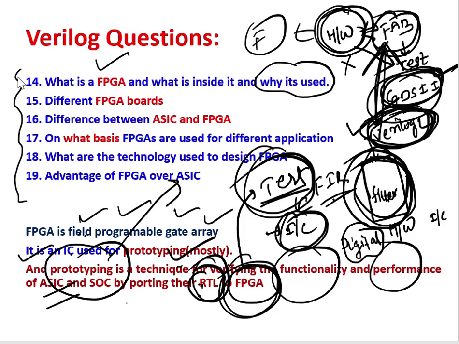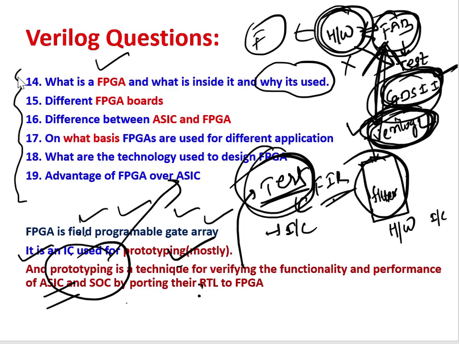Basically, prototyping is nothing but verifying the functionality of your design before the real hardware comes from the fab. And if at any point any error or mistake arises, that is rectified. Okay.